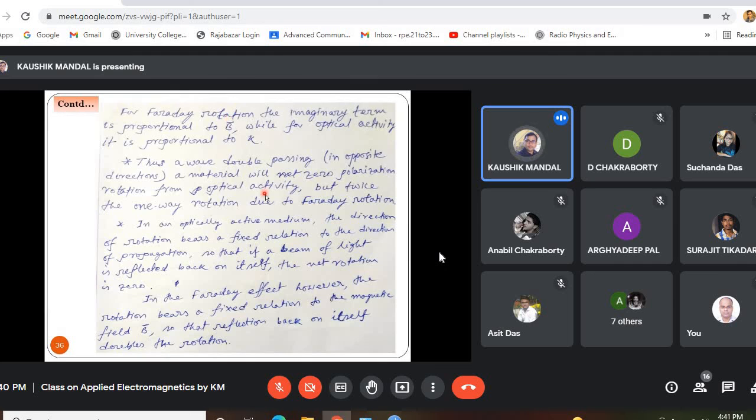So in case of this type of double passing, in Faraday rotation, it will double the rotation. The amount of rotation will be double in case of Faraday rotation. That is the basic difference between normal optical activity and Faraday rotation.